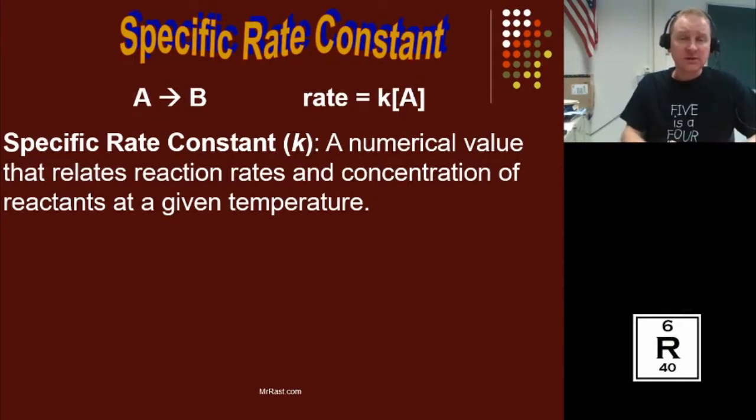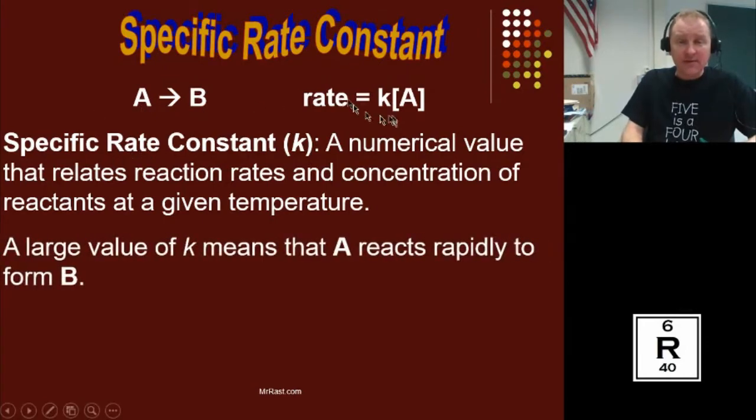The concentration will be multiplied by this value, and like I said, it's a numerical value that relates the concentration to the rate. Because it's kind of an in-between to go from concentration to the rate, the constant K has unusual units. It doesn't really make a lot of sense, and actually every rate law can have a different kind of unit arrangement for K, and we'll talk about that at the end of this lesson.